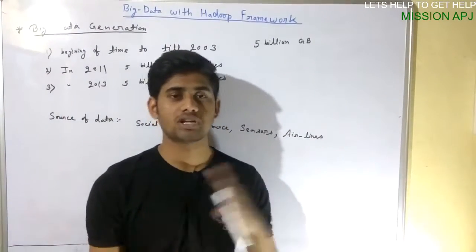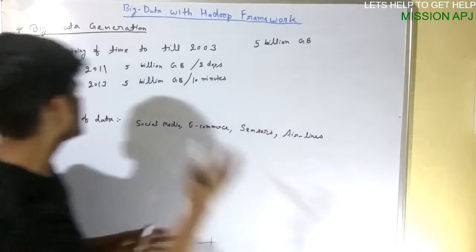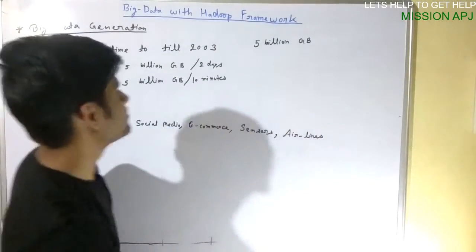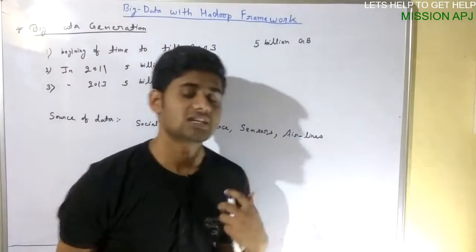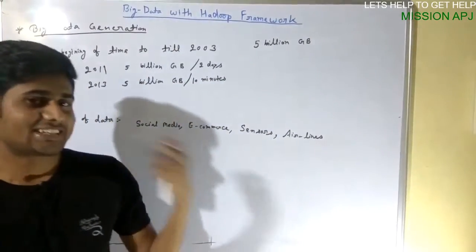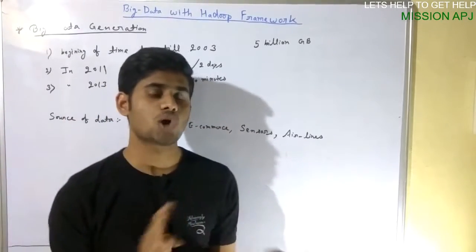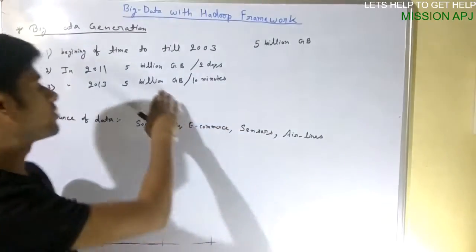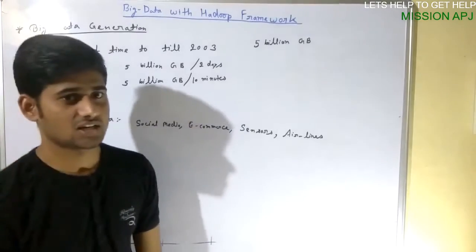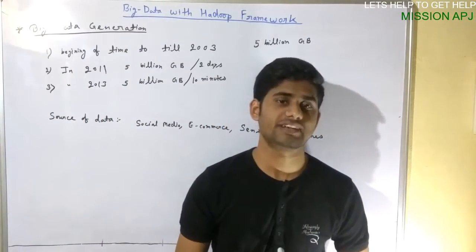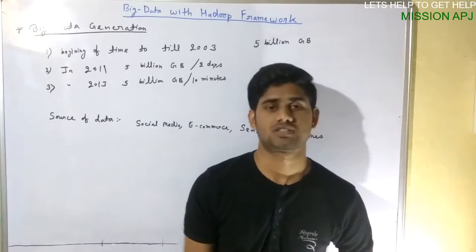See how the difference has come. Now in 2013, 5 billion GB of data was generated every 10 minutes. You can see in how short a time period this much data has been generated. So we can say that 90% of the data has been generated in the last few years.